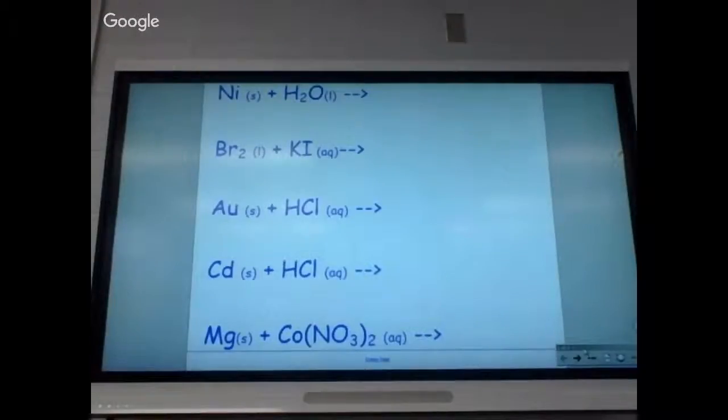All right, those 5 use the activity series. Okay? You're using the activity series. If it's no, write what? No reaction. If it's yes, do what? Predict the balance.